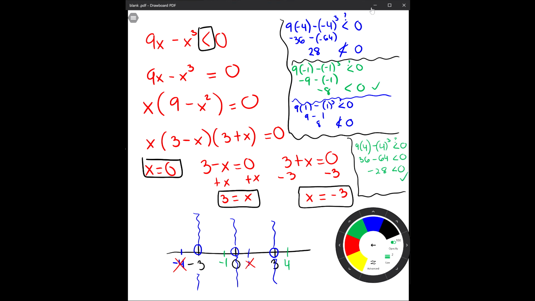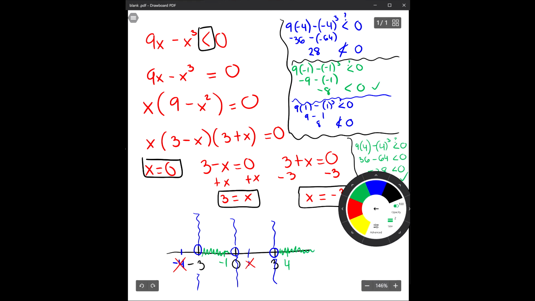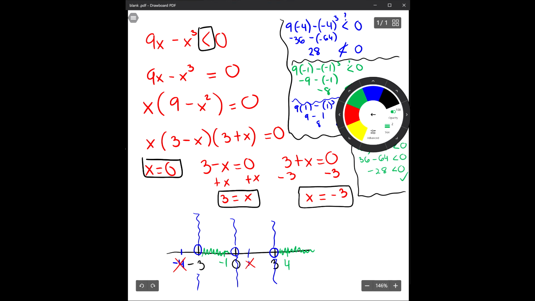That means the region between -3 and 0 works, and also the interval after 3. So my solution is written as x belongs to parentheses -3, 0, parentheses, union, parentheses 3 to infinity. This is the final solution for this inequality.